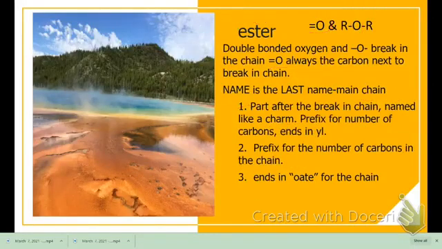Okay, so now we're going to look at the ester. Remember, the ester has a double bonded O, and there's an oxygen that breaks the chain. Remember, an oxygen breaks the chain, and when it breaks the chain, it causes that other half to now be a charm.